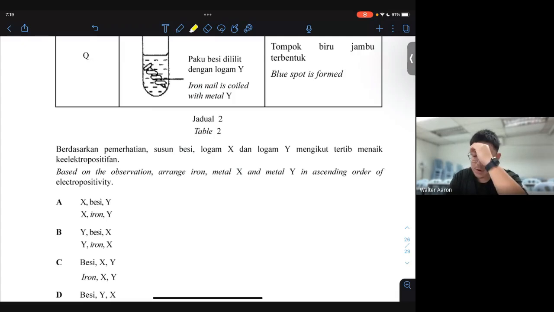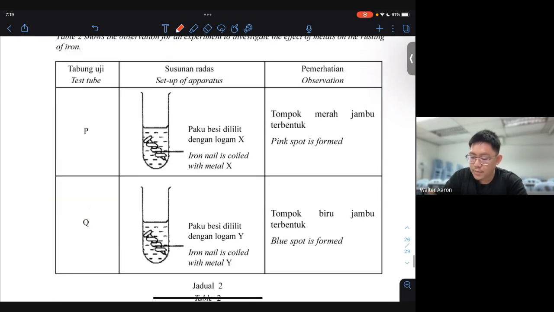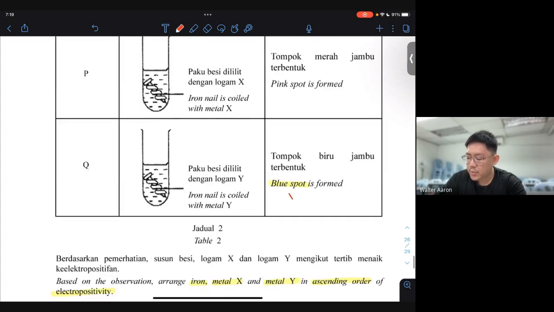They want you to arrange the three different metals. Based on your observation, arrange iron, metal X, and metal Y in ascending order of electropositivity, meaning from least reactive to the most reactive. Since Y, if you wrap it around iron, forms a blue spot, which is a positive indication of iron(III) ion, or rust particles technically, Y cannot protect iron from rusting.